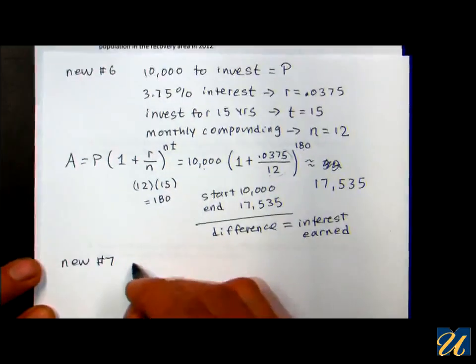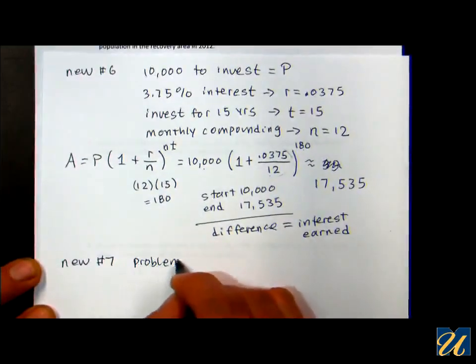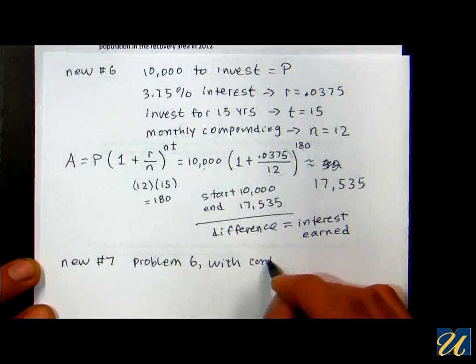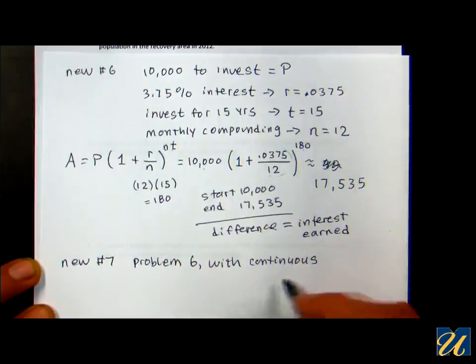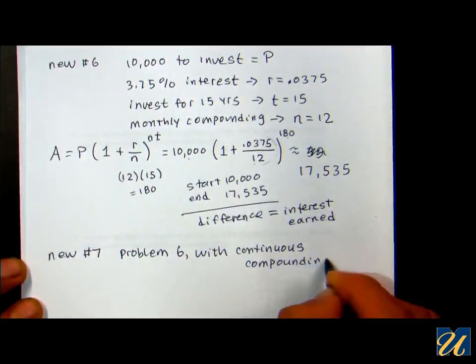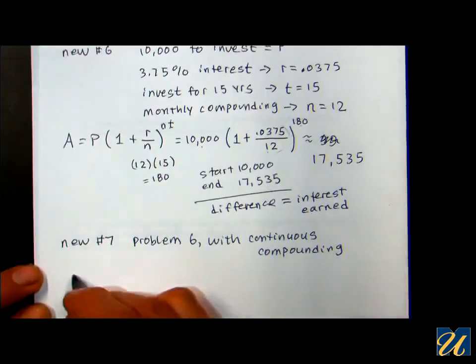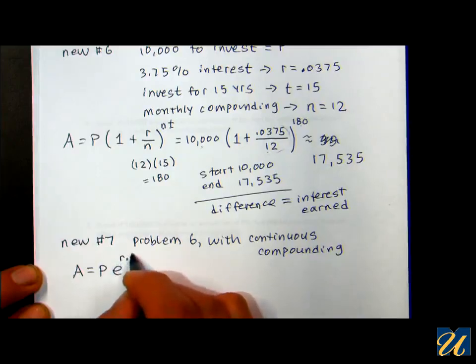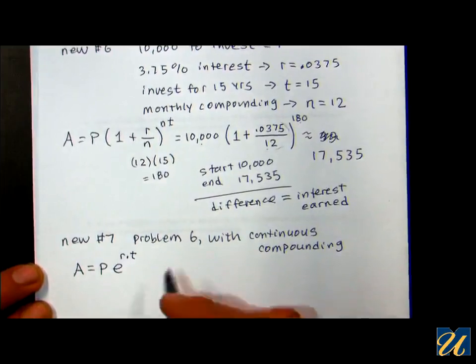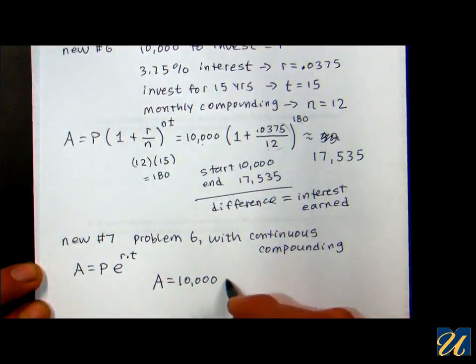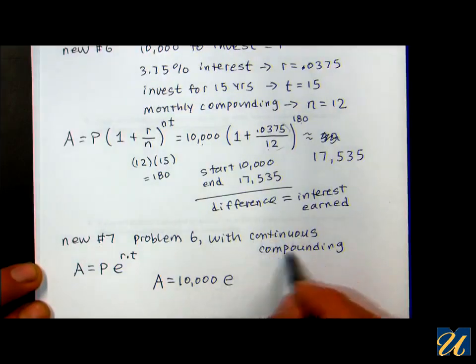So this is problem 6, but let's do continuous compounding. Okay, so let's get our formula since we have all the values already known. P times e to the power R times T. Okay, and what will be the amount after our time period? We're still investing the original $10,000.